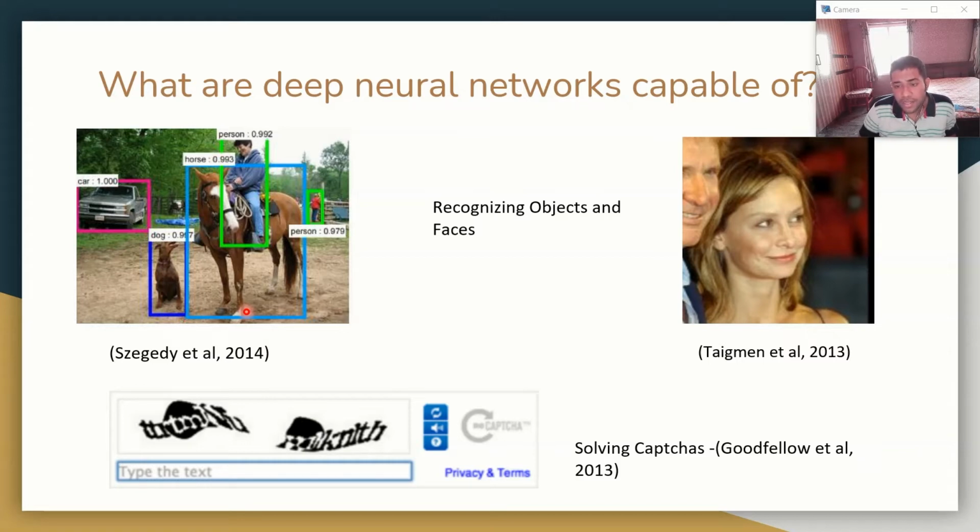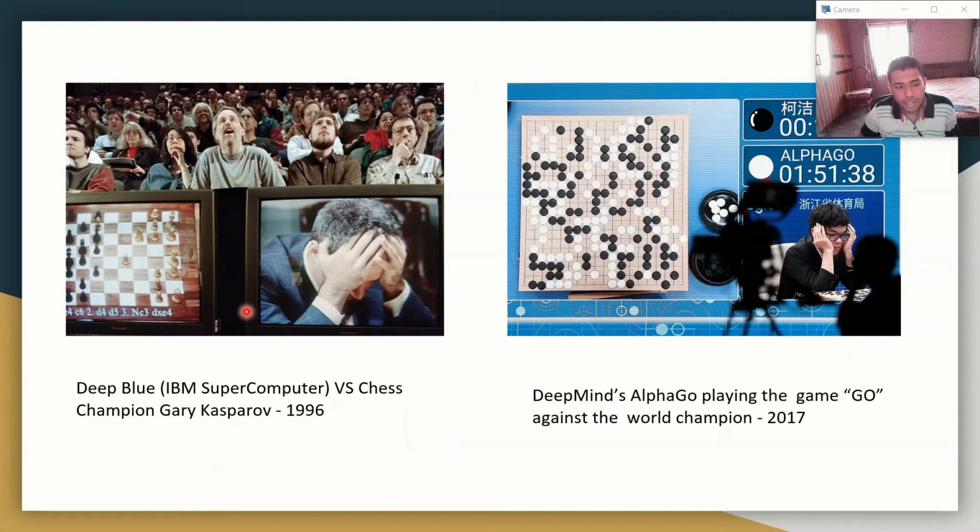On the right hand side, we can see deep neural networks which are capable of recognizing faces. And then we can see an image of deep neural networks which are capable of solving captchas. So this is how deep neural networks have evolved in the current days.